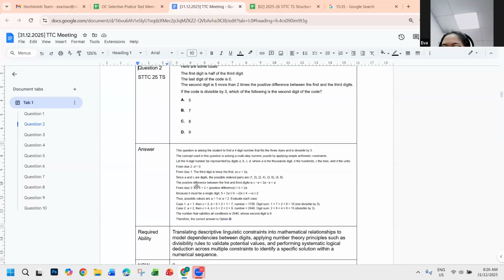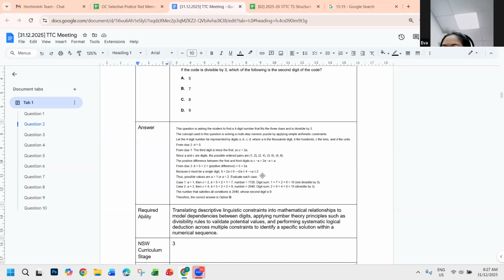Because B must be a single digit, 5 plus 2A should be smaller than or equal to 9. We find A is smaller than or equal to 2, so two values satisfy this condition: A equals 1 and A equals 2.